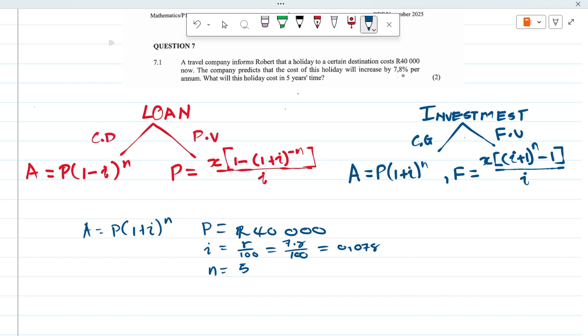So if they had said here compounded monthly, then you would have to multiply your value of n here, which is 5, by 12. And the reason for that is that the interest that it is increasing by is a monthly interest. So you would also have to change then your investment period like that, right? So what you would do then, you would multiply your n, which is 5 times 12, and also divide your interest rate by 12. Okay, I hope that's clear.